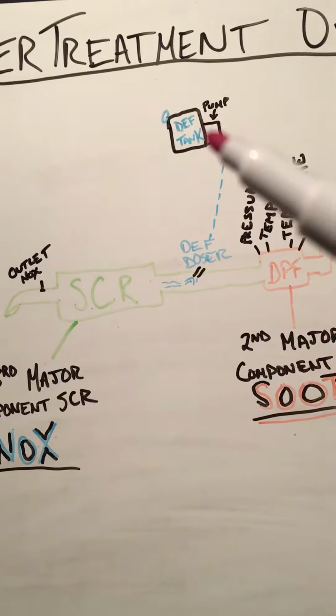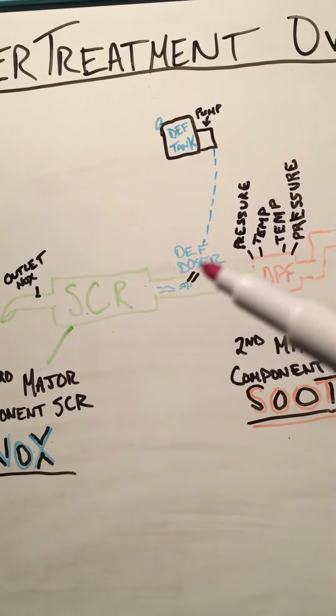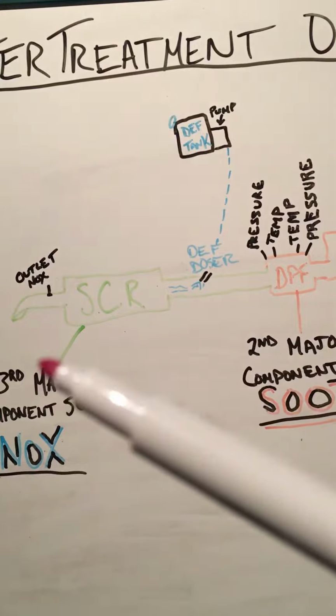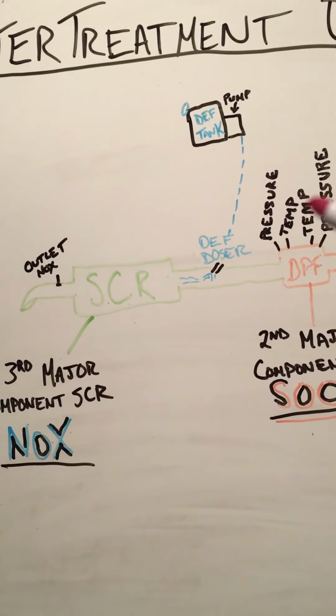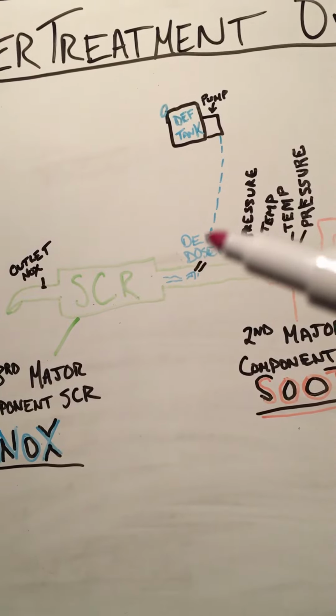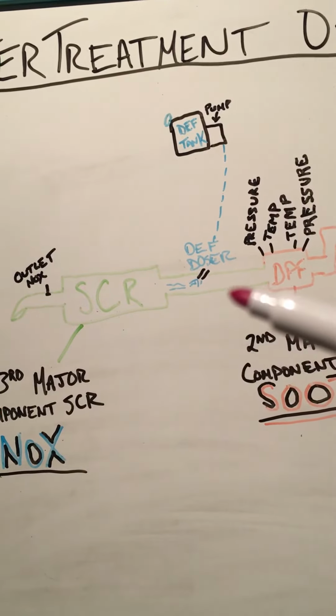So if that's good, the next thing I'm going to run to is my DEF doser, because that's what's pumping the DEF into the exhaust stream for the NOx to be converted. So when I pull that DEF doser, I want to run a test to make sure that it's dosing the correct amount of DEF into the system that it's supposed to.